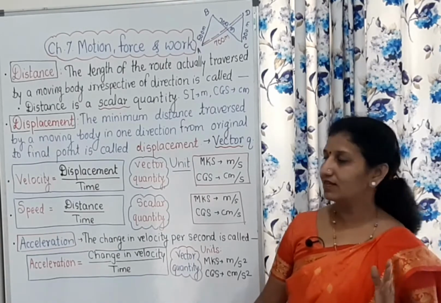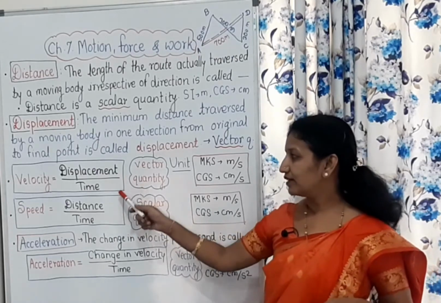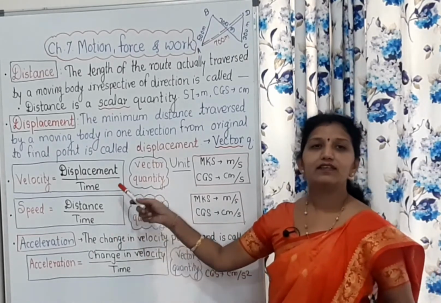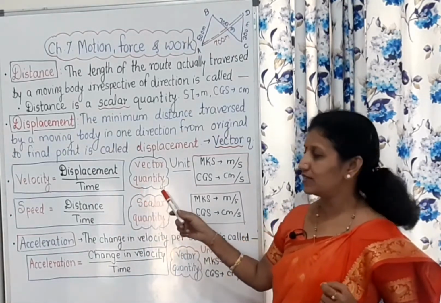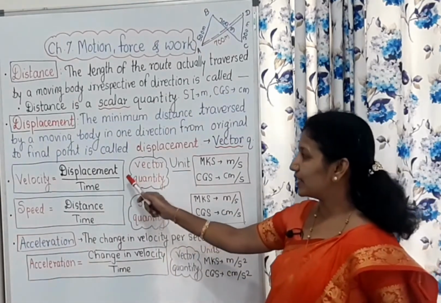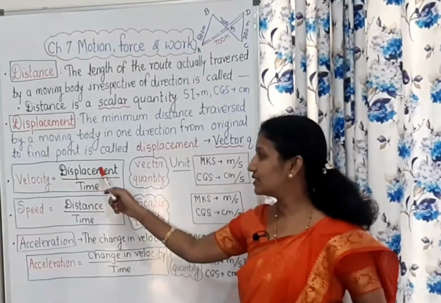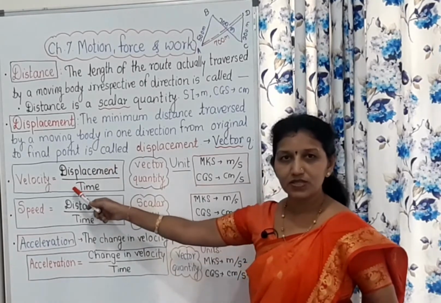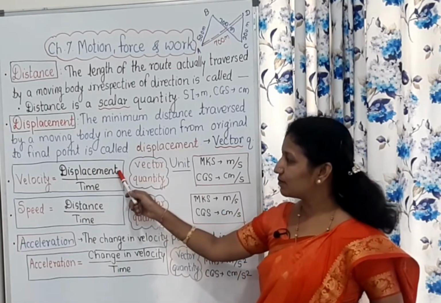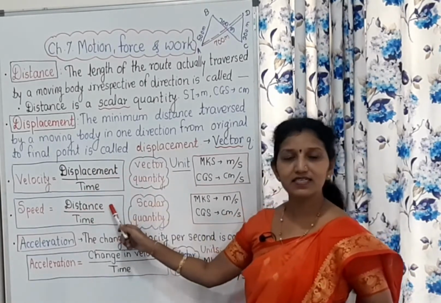Though their formulas are similar, there is a slight difference. The main difference is that velocity requires displacement and speed requires distance.